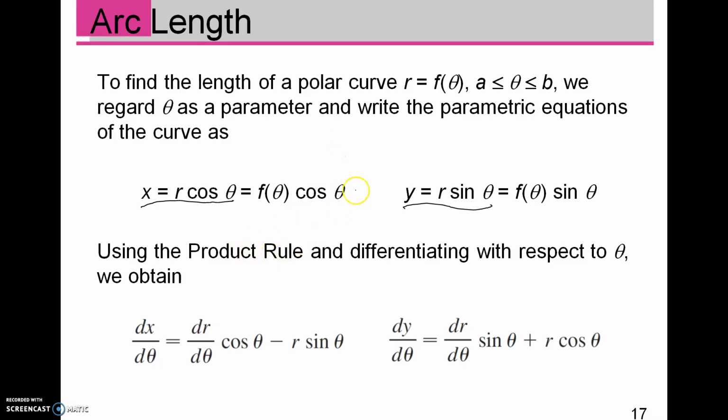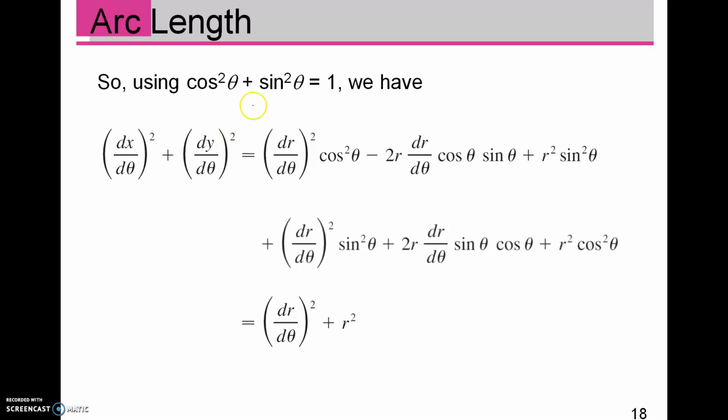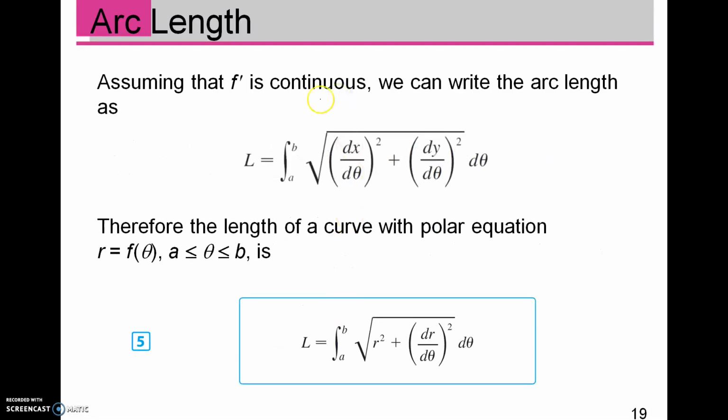So it's going to have parametric equations, and a lot of this stuff is going to be reviewed then. But we'll just quickly go over this. We're going to use the product rule, differentiating, using the fact cosine squared plus sine squared equals 1. Okay, and we end up getting this. And this equation for length, this arc length, that is, again, going to be in 10.2.